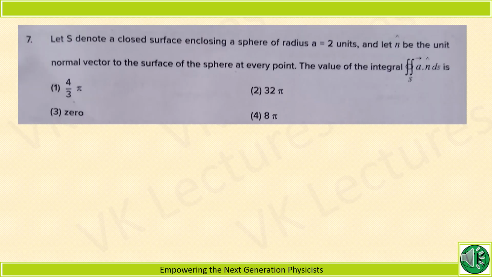Let S denote a closed surface enclosing a sphere of radius a equal to 2 units, and let n be the unit normal vector to the surface of the sphere at every point. The value of the integral of A dot n dS is, the answer is option 3, 0.